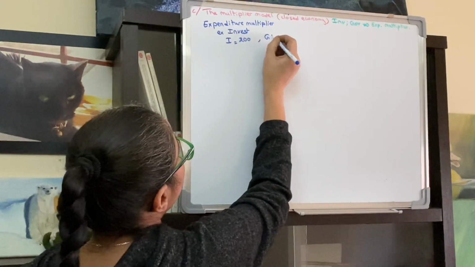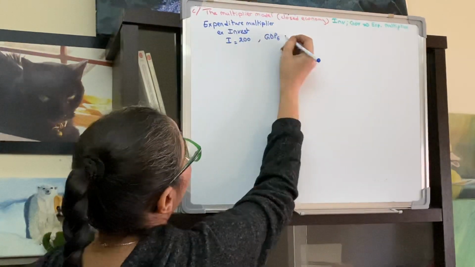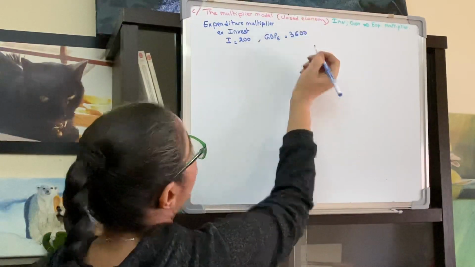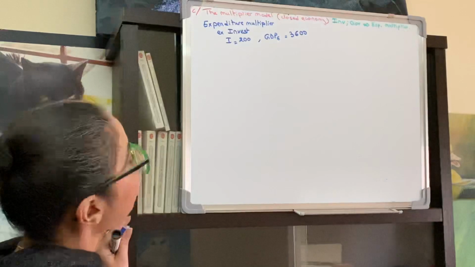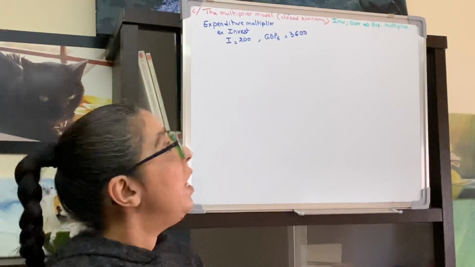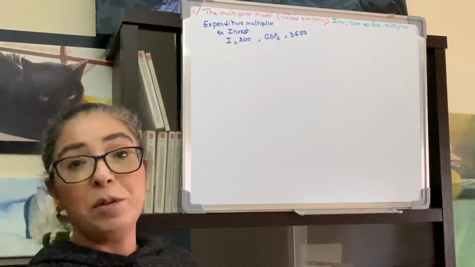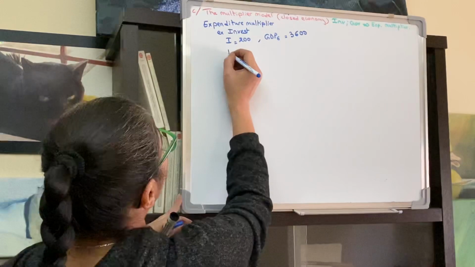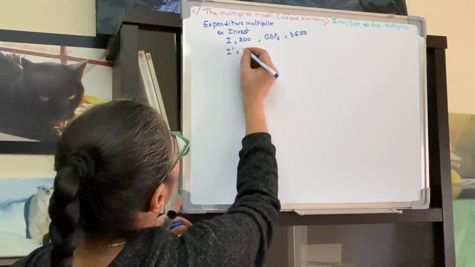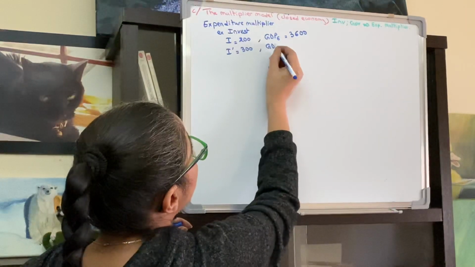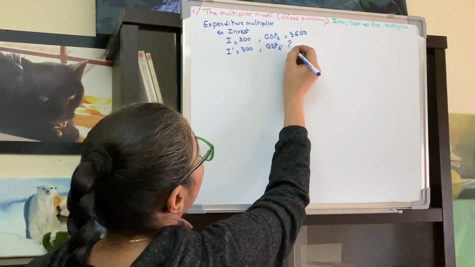The GDP at E was, I just calculated it, 3,600. Now I want to know where my GDP is going to go if my investment increases and reaches 300. So I prime is equal to 300. What is my new GDP? GDP E prime.